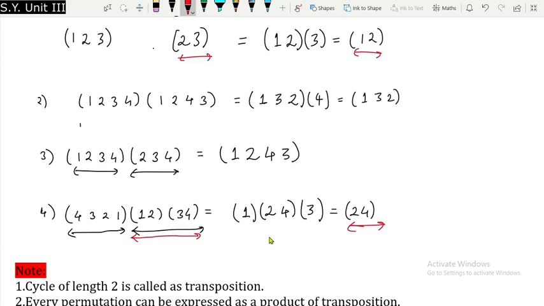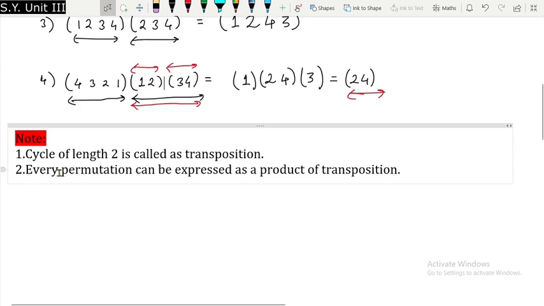So the meaning is this permutation is a product of transpositions, because how it is written, cycle of length 2, which is a transposition, multiplied by cycle of length 2. Is that okay? So it means this permutation is a product of what? Transpositions. Okay, so this is an important note.